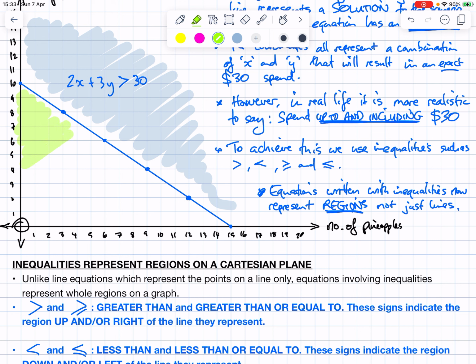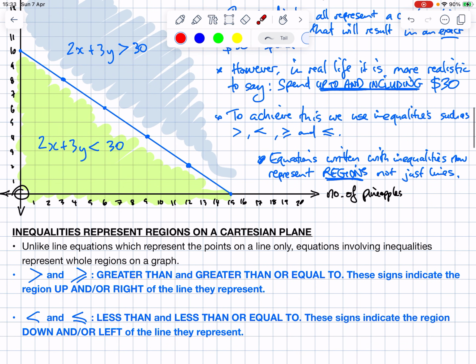So everything below and to the left of the line, that is the region 2x plus 3y is less than 30. If it was less than or equal to 30, it would be this region in green and the dots on the line. All right, so suddenly, instead of just the solutions that lay on the line, we are talking about whole regions of possible solutions.